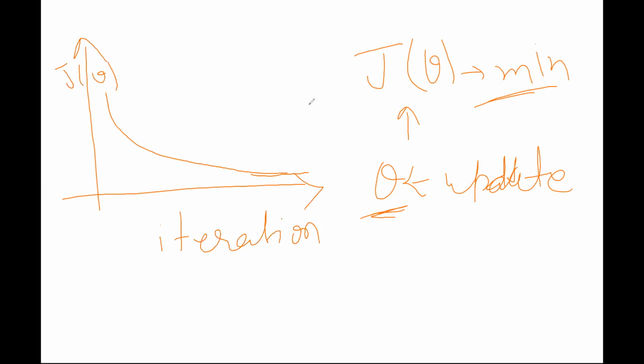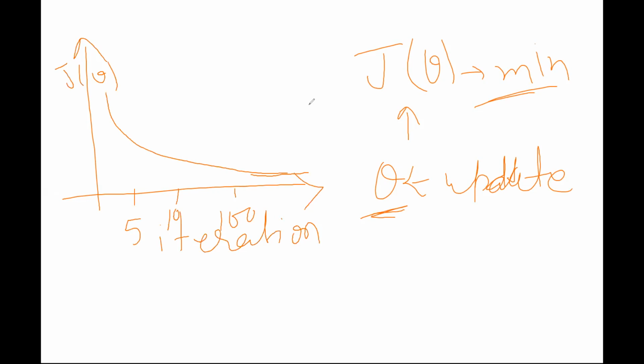And when we update theta and calculate the next time, we would like to see our cost value decrease. So after 5 iterations, then 10 iterations, then 100 iterations, every time we want the cost value to decrease.